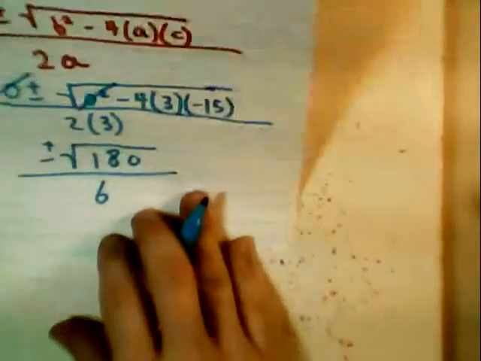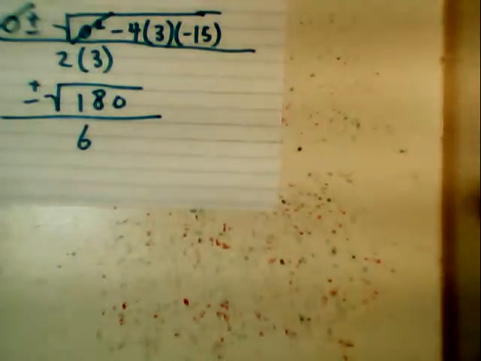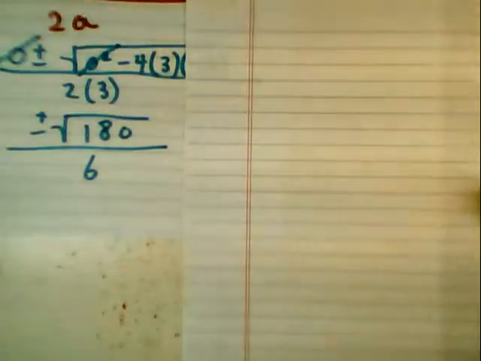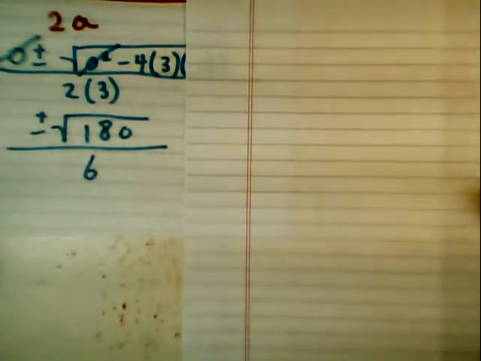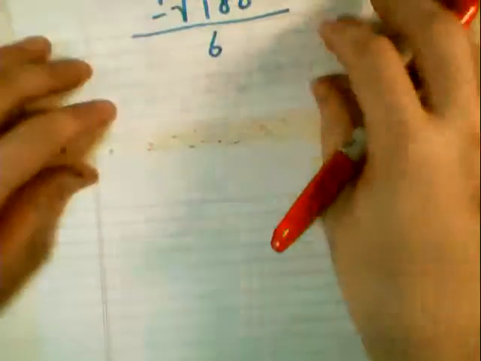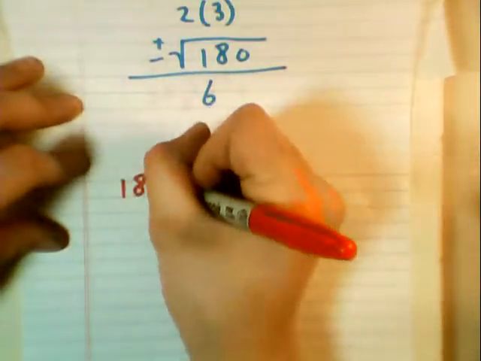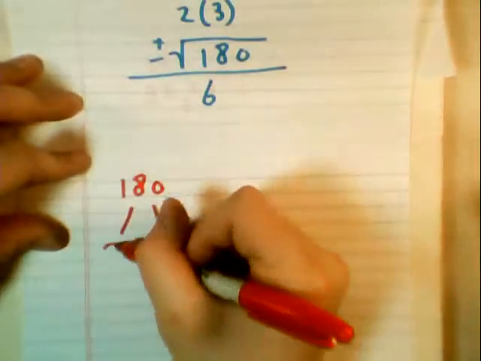Okay, let's break 180 up, using my method or Miss Keenan's method, they both work. 180 is even, so let's divide it by 2.